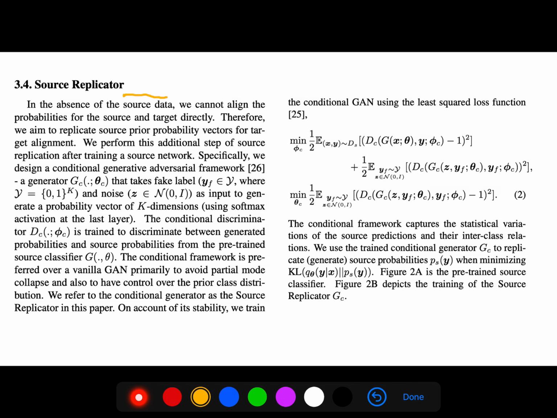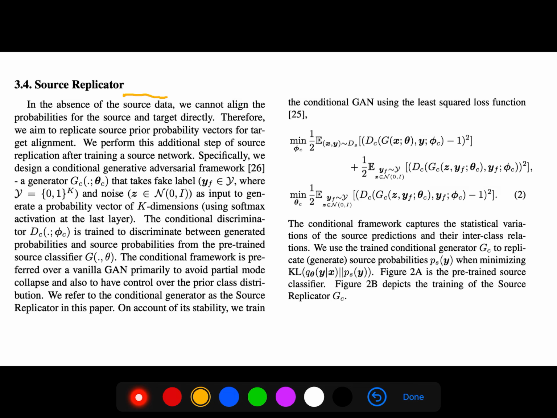We perform this additional step of source replication after training a source network. Specifically, we design a conditional generative adversarial framework that takes fake label and noise as input to generate a probability vector of k dimensions. The conditional discriminator is trained to discriminate between generated probabilities and source probabilities from the pre-trained source classifier G.